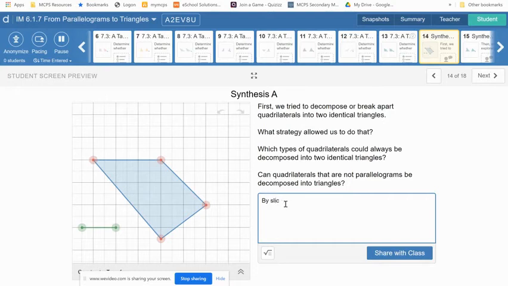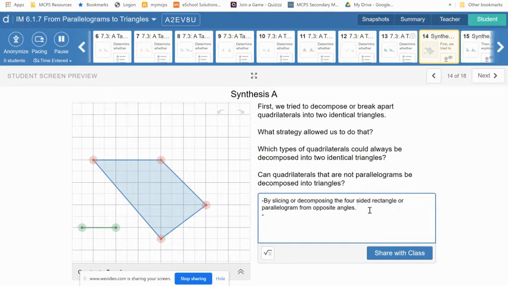Slicing or decomposing the shape, or the four-sided shape, four-sided rectangle or parallelogram, from opposite angles. And put a little tick mark right there, and then I'm going to go to the next one to represent the next part.